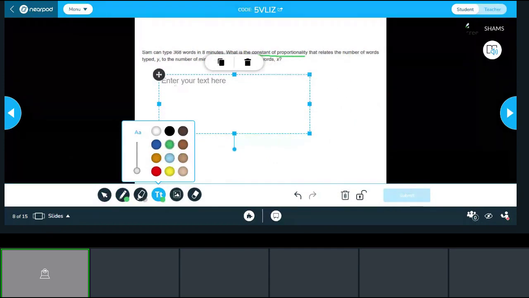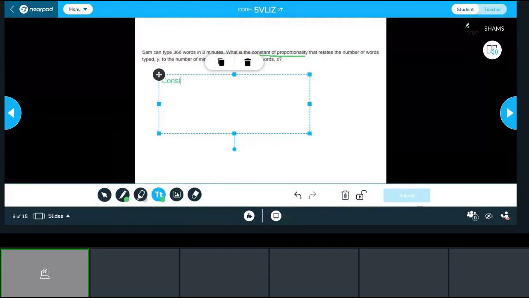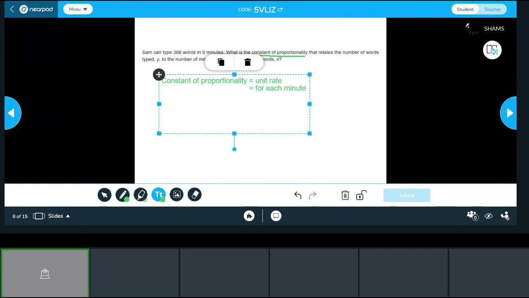Okay, the word constant of proportionality means unit rate. Or in other words, I can say to find for each, right? In this case, to find for each minute, the unit rate. What do I know?